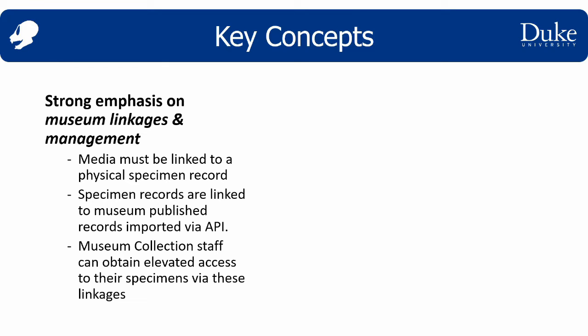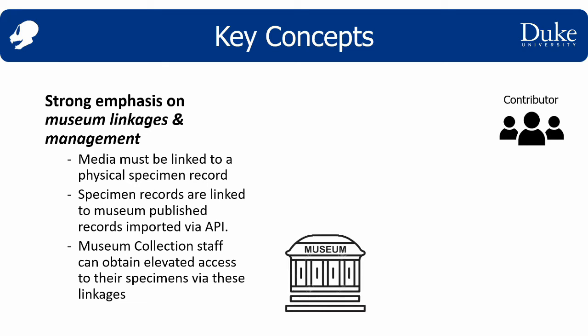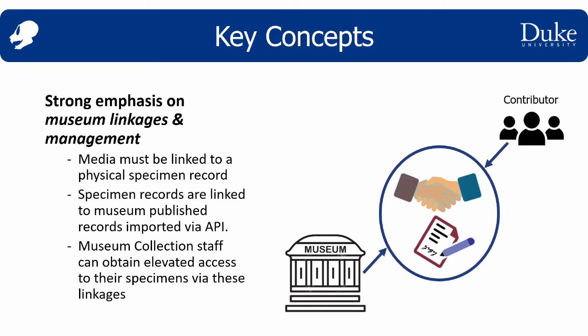Museums are centered in the site data model specifically because they're responsible for and control access to the physical specimens. So before a researcher can create a 3D data set for MorphoSource, they have to locate a museum with relevant physical specimens and agree to the museum's terms in order to scan and share those data.